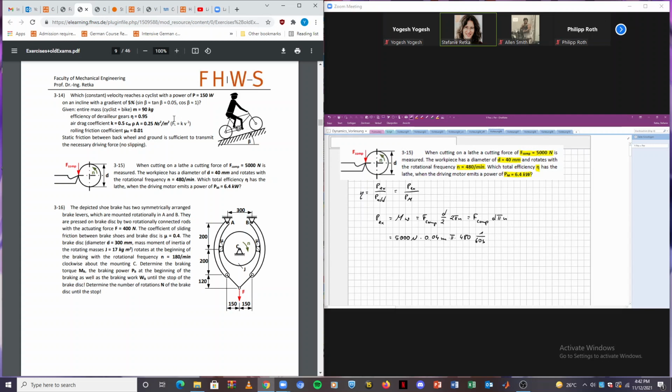Now we have Newton meter per second, which is watt. And now if we use the calculator, we will obtain about 5,030 watt, which is equal to 5.03 kilowatt.